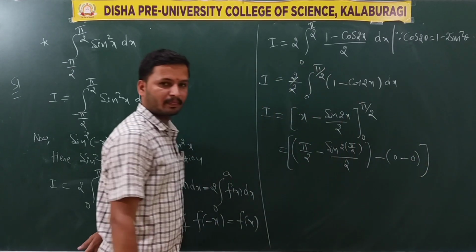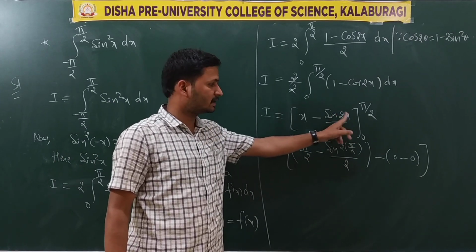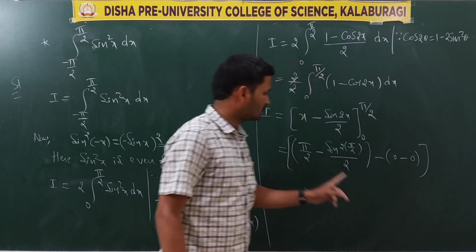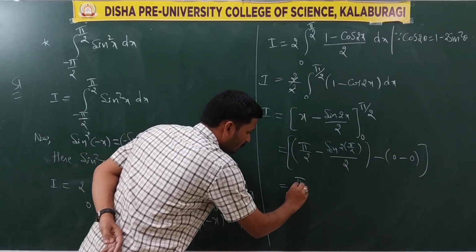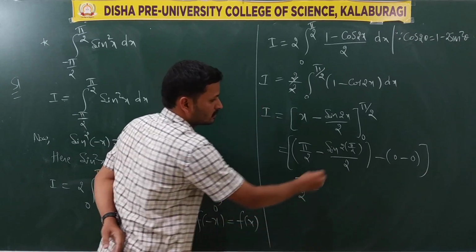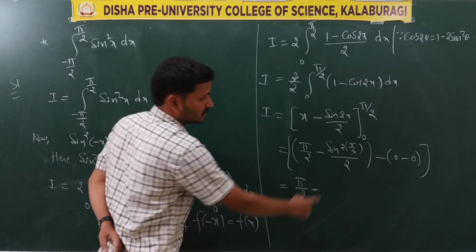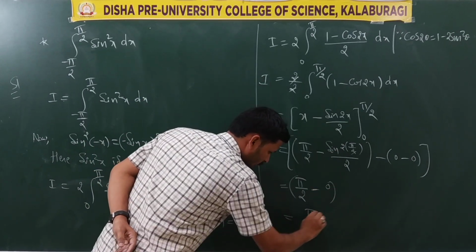Sin 0 is 0, so 0 by 2 is 0. For the upper limit, it is pi by 2 minus, the 2 gets cancelled, sin pi is 0, so 0 by 2 is again 0. So the answer is pi.